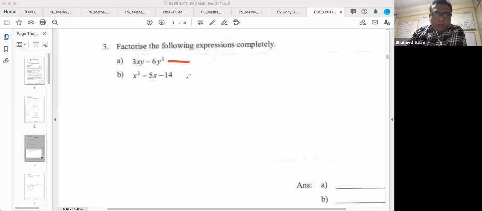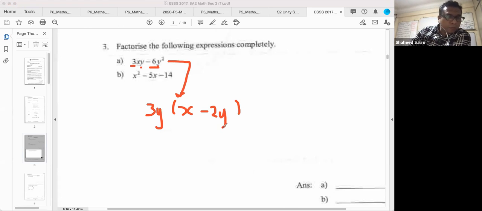Okay, let's see. Hold on now. You have 3. Both terms can divide by 3. Put the 3 outside. And then there's y also. Ryan, there's y. Put the y here. So 3y times what becomes 3xy? Times x. 3y times what equals 6? 3y times 2y.